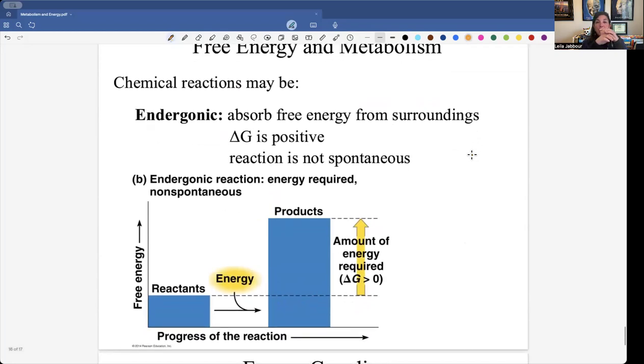Now we do have chemical reactions in the body that are endergonic. Endergonic means they absorb free energy from the surroundings. And at that point, the G at the end is bigger than the G at the beginning.